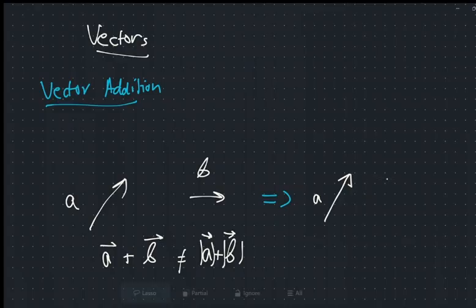So this is B, and the result is actually going to be from the tail of A to the head of B. So it's going to look like this. So this here is really the result of the addition of the 2 vectors A and B. And from this idea, we can extend further.